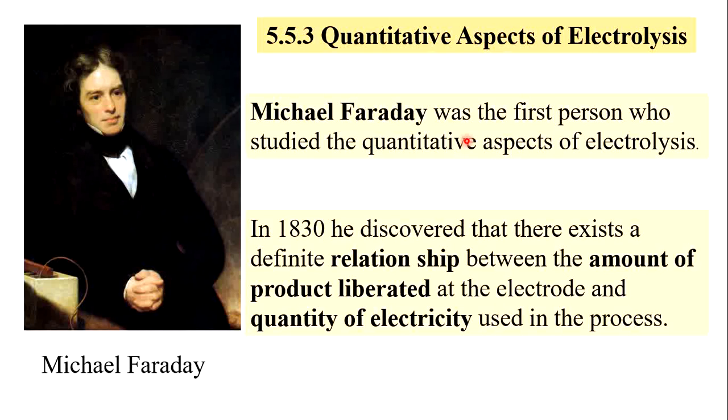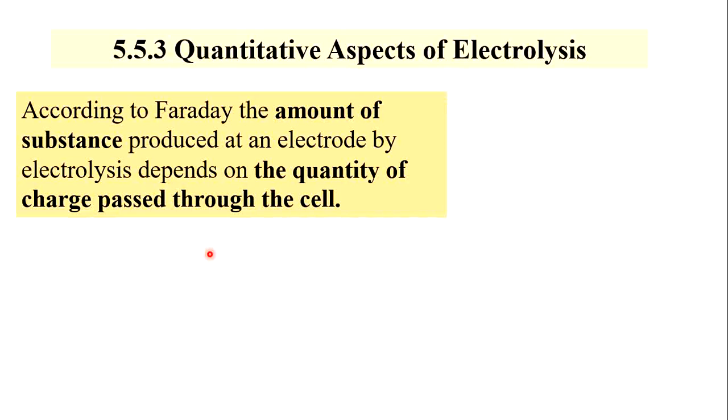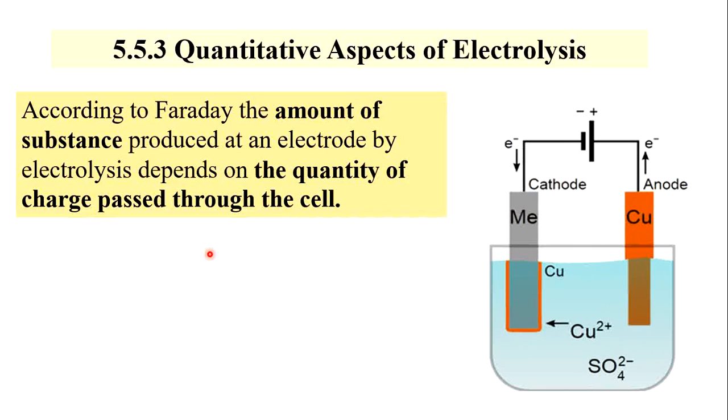According to Michael Faraday, the amount of substance produced at an electrode by electrolysis depends on the quantity of charge or electricity passed through the cell.